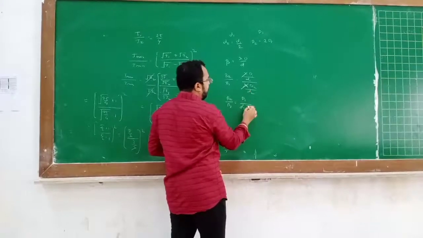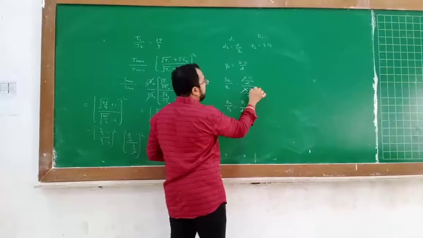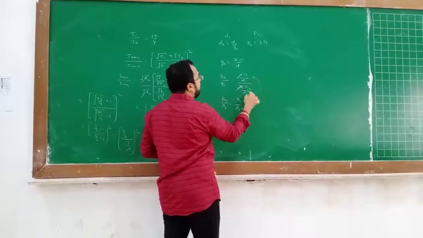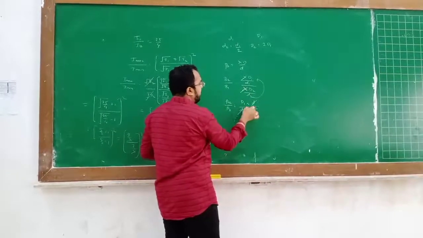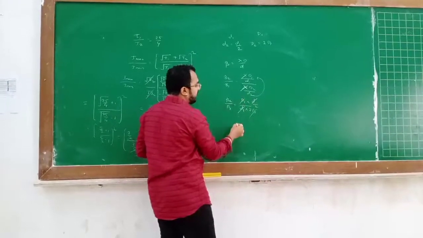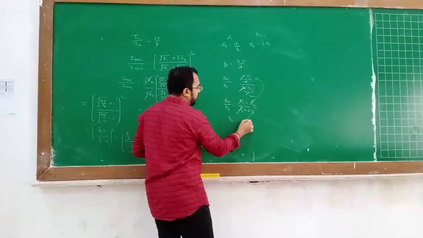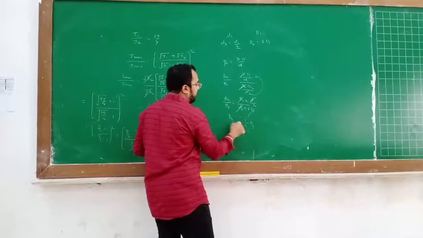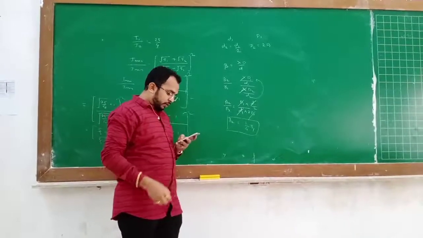In place of capital D2, I will write 2 times D1. In place of small d2, I will write d1 upon 2. D1 cancels. So 2 times 2 is 4, and beta 2 is equal to 4 times beta 1. So what will be the answer?